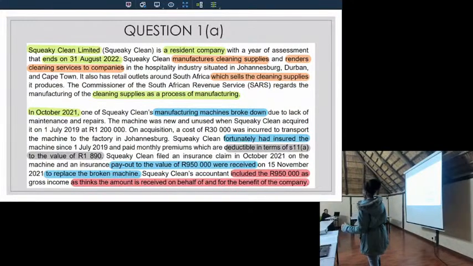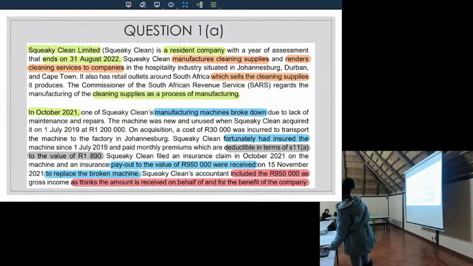But if it's a limited company, because one of the requirements of an SBC does not want you to be a public company. You're either a private one or a closed corporation. So I would already know in December when you're writing your final exam that it's a resident company and it will be taxed at 28%. That would have been my trigger if I am asked to calculate what? My normal tax payable. Are we good?